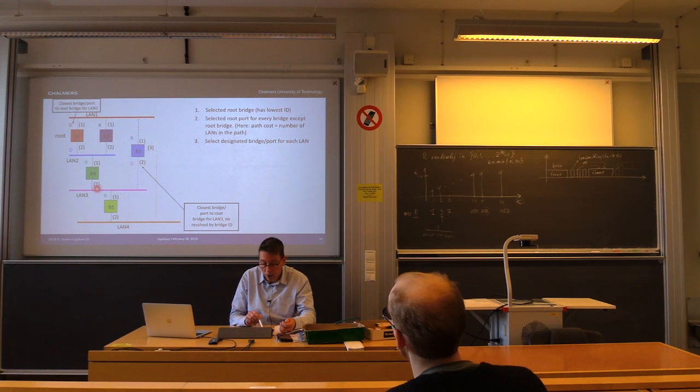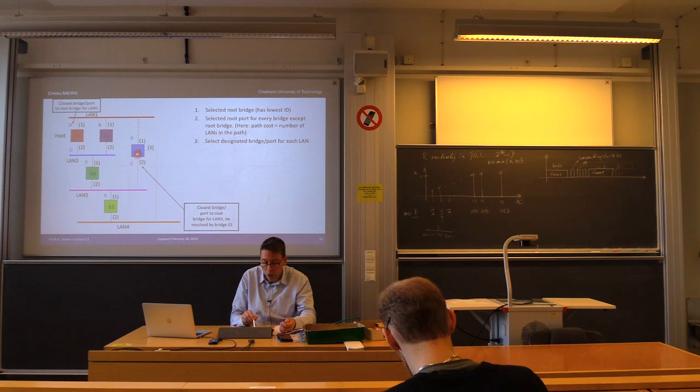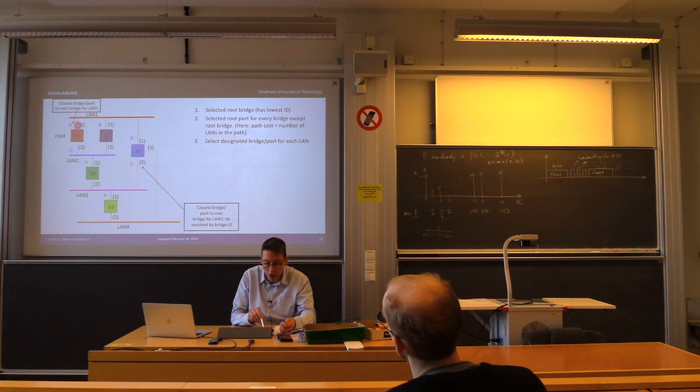For LAN 3, it has this port and this port to choose from. What is the cost to go to the root from here? Well, it has to go over 1 LAN. Here it also has to go over 1 LAN. So it's equally expensive to go up here as going up here.